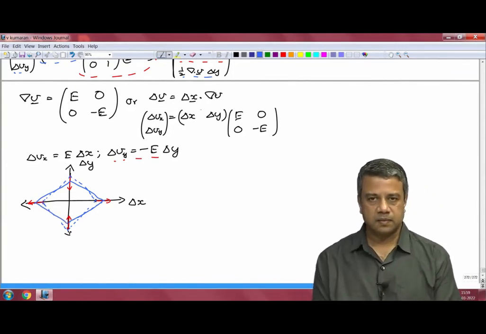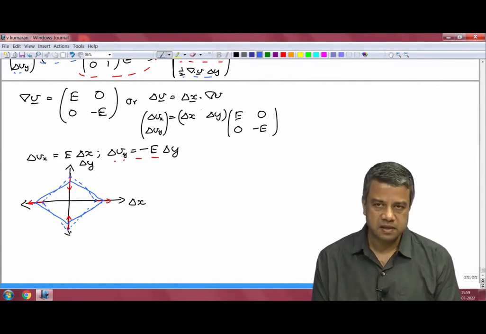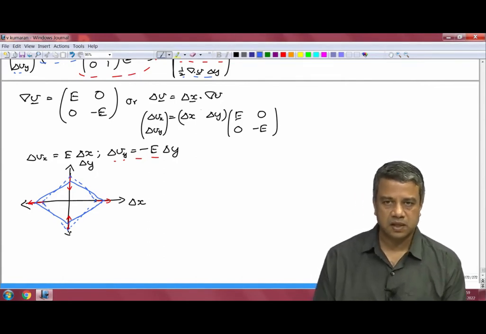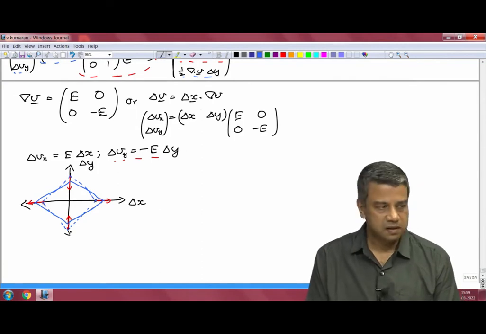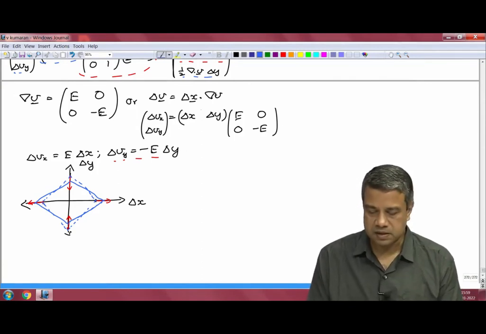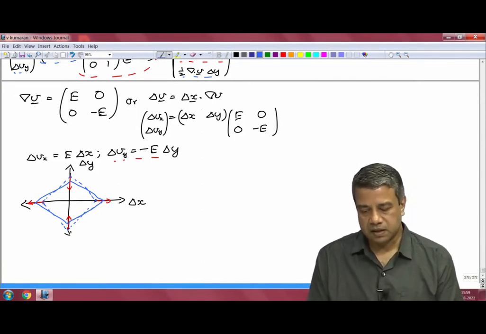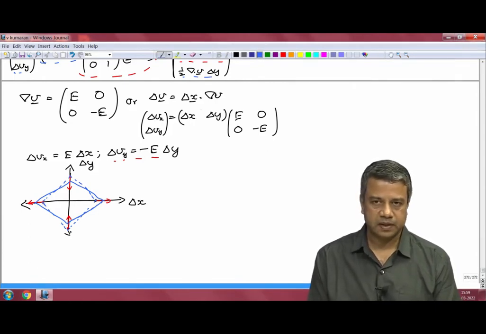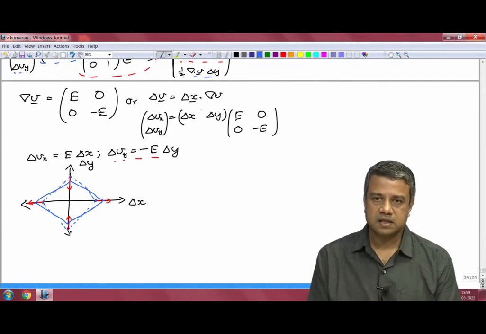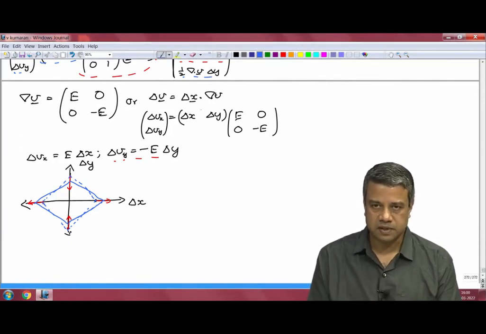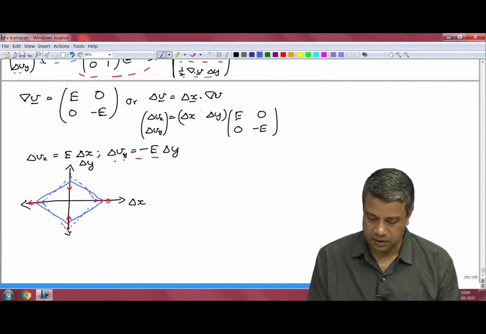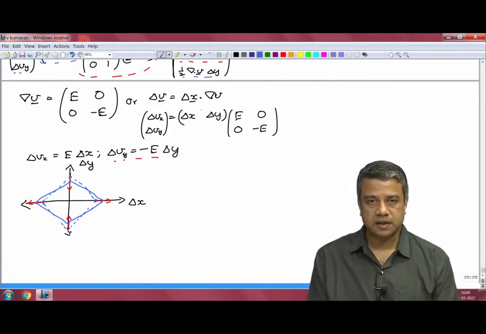At a later time that volume is going to be stretched or extensional in one direction, in this case the x direction, and it is compressional in the orthogonal direction, that is the y direction, in such a way that the net change in volume is 0, and also in such a way that the axes remain the same, they do not rotate.